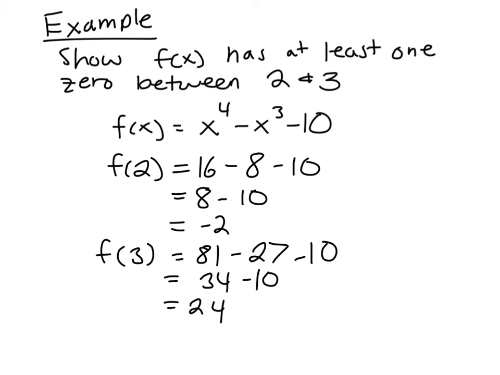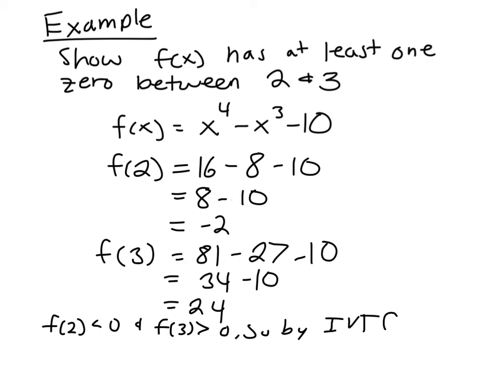So what we see is that f of 2 is less than 0, and f of 3 is more than 0. So by the intermediate value theorem, IVT for short, f of x has a real 0 between 2 and 3.